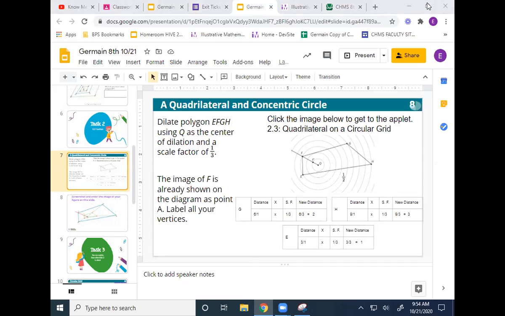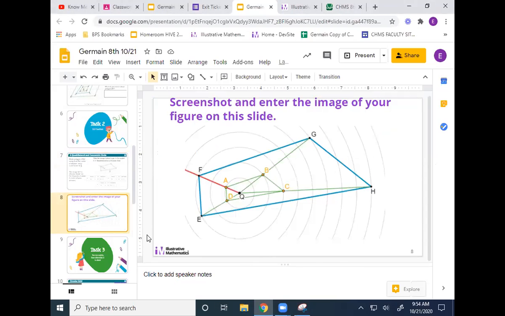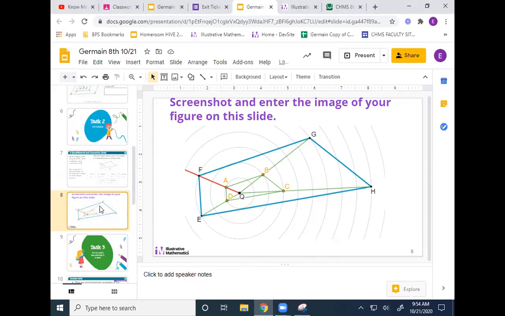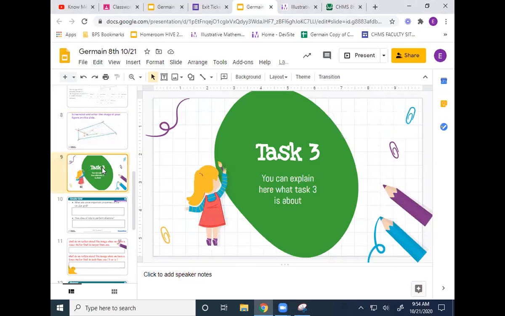Yes, perfect. Awesome. Thanks, Sam. So we have our dilation here. We have our picture inserted. I'm going to go through and make sure everybody's picture got inserted. So make sure that by the end, if you didn't get it yet in there, make sure you get it in there. Now let's take a look at task number 3.